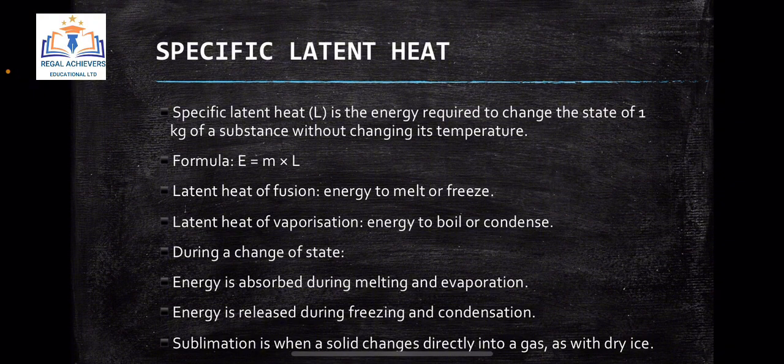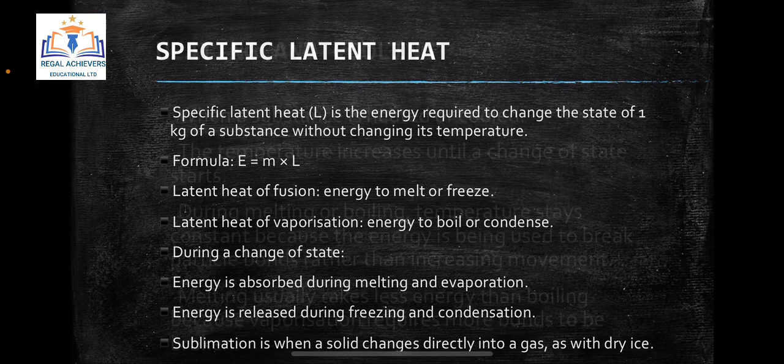During a change of state, energy is absorbed during melting and evaporation. Energy is released during freezing and condensation. Sublimation is when a solid changes into gas, as with dry ice. I've mentioned this earlier on during the course of the session.